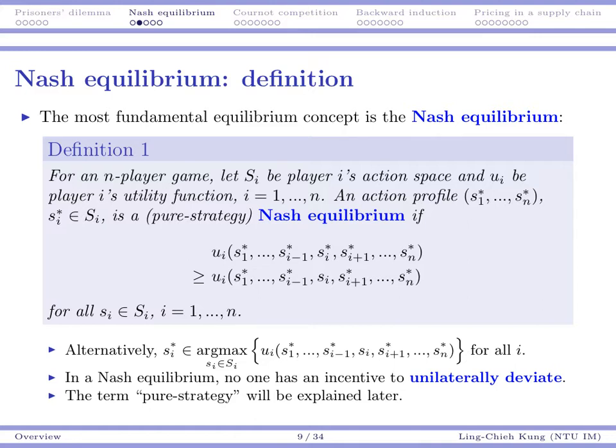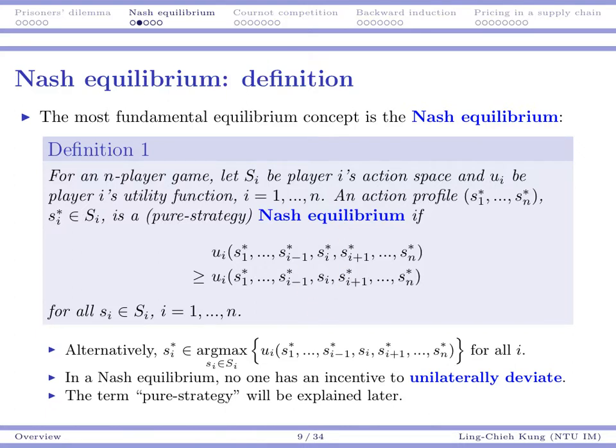Now, for a Nash equilibrium to happen, we require the following. Suppose a profile is a Nash equilibrium. Then that means if all other players do not change their action, if they are still sticking to S1 star up to Sn star, if all other players do not deviate, then I will also not deviate.